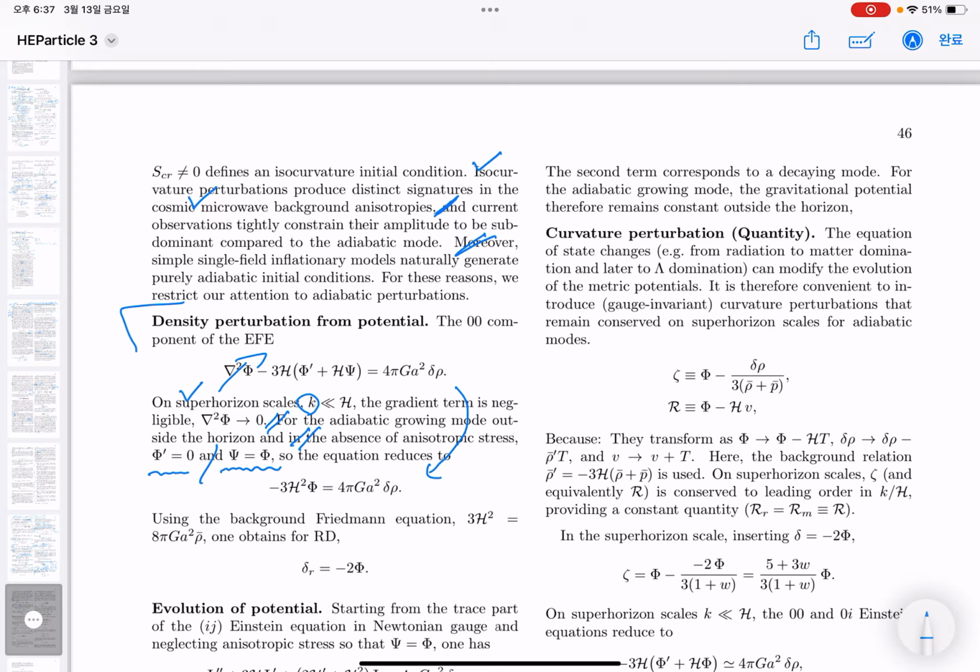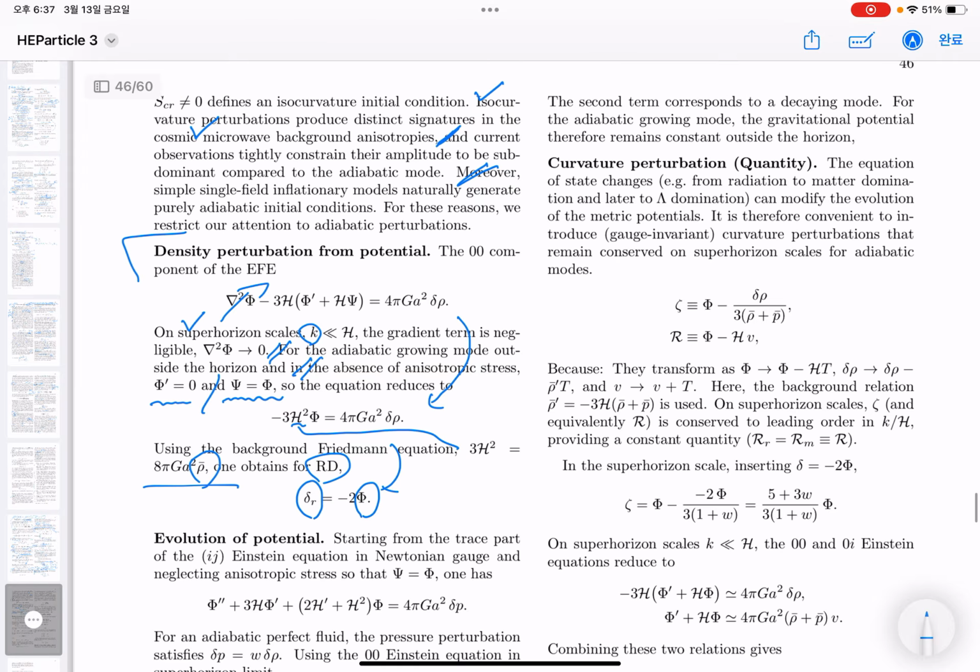And by using the Friedmann equation, the Hubble term can be rewritten in terms of the radiation density, so that we can obtain the relation between the radiation perturbation and the scalar perturbation during the radiation dominant era.